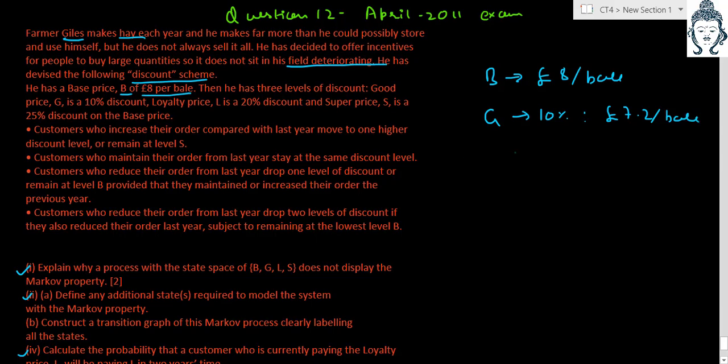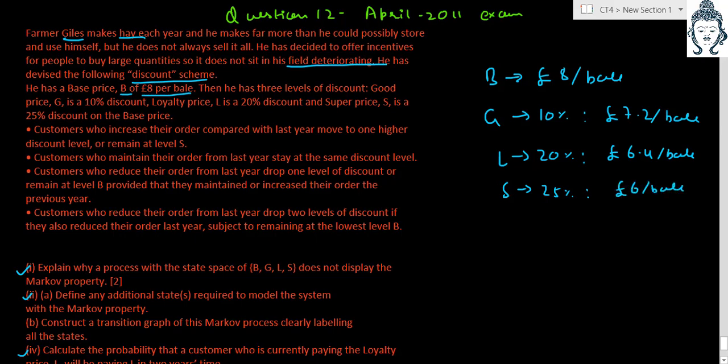Then he has a loyalty price, L, that offers 20% off, and he has a super price, S, in which case he's giving 25% off, right? So the loyalty price would bring the hay to 6.4 per bale, and the super one would bring it down to 6 pounds per bale.